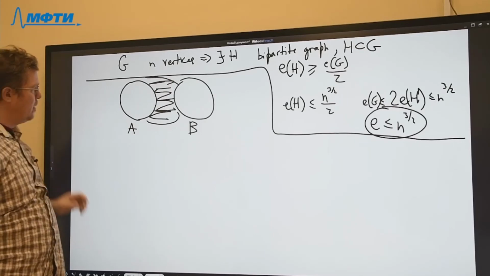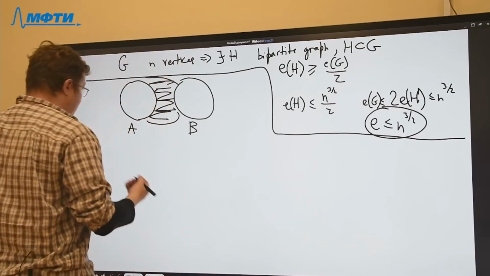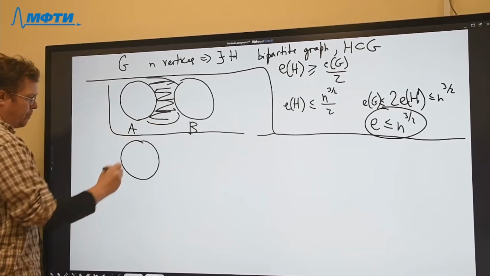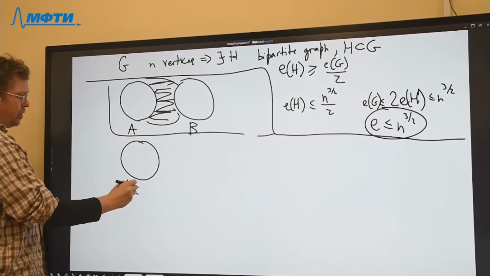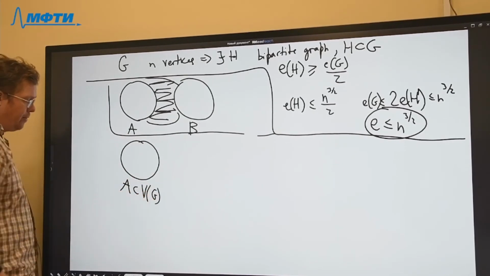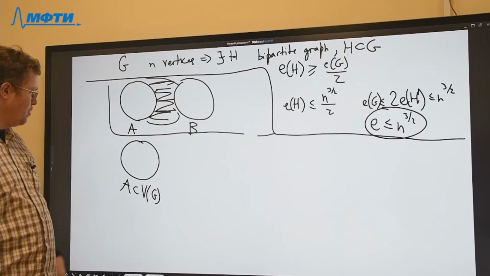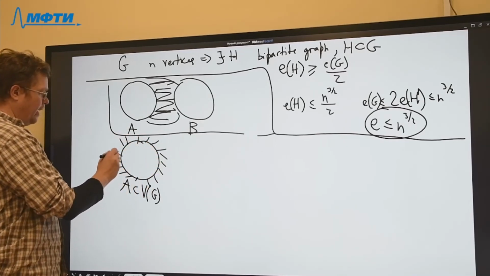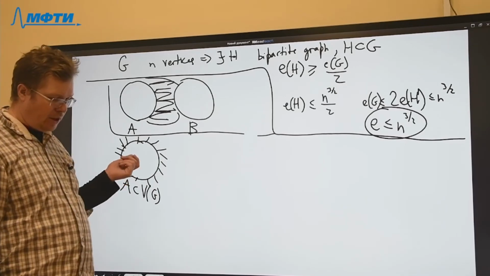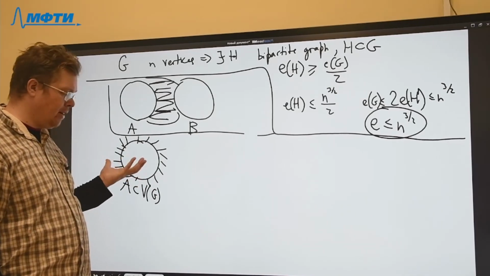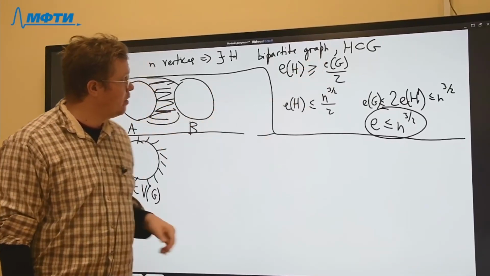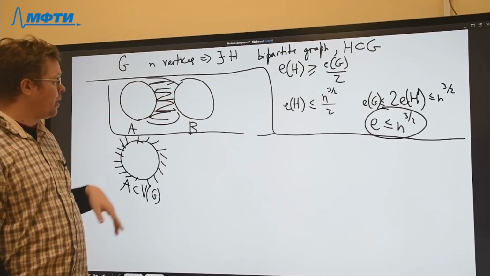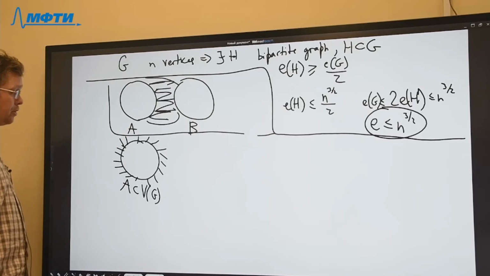So we take some vertices from the set of vertices and calculate the number of edges that go outside from A. If the number of edges that have only one endpoint in A is more than half of the edges, it exactly means that we have found our partition into two parts.